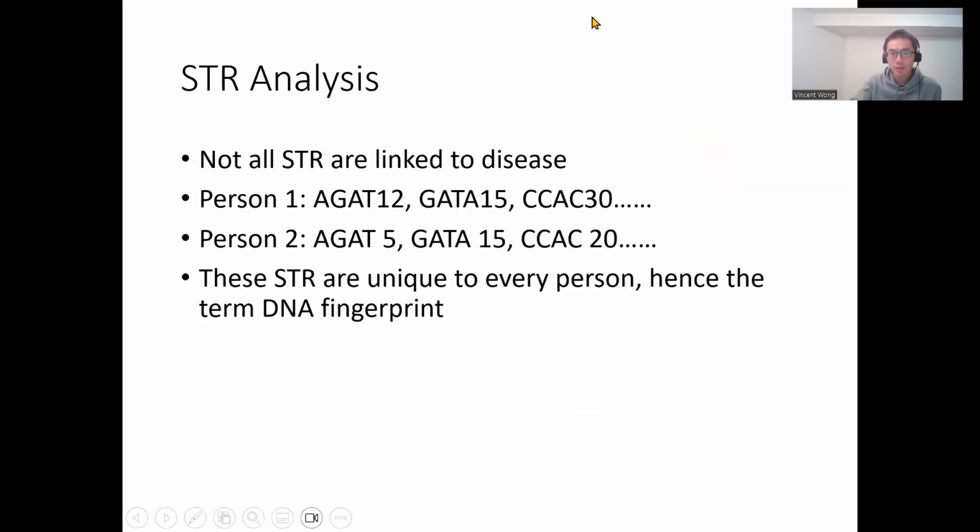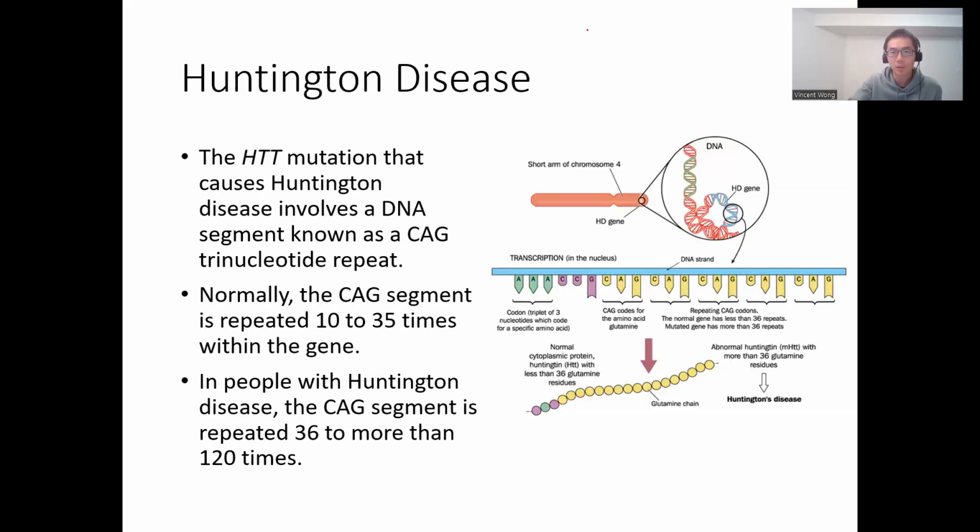If a person has big H, small h, and marries someone who's small h, 50% of the kids would have a chance of getting Huntington disease, if you remember your genetics.